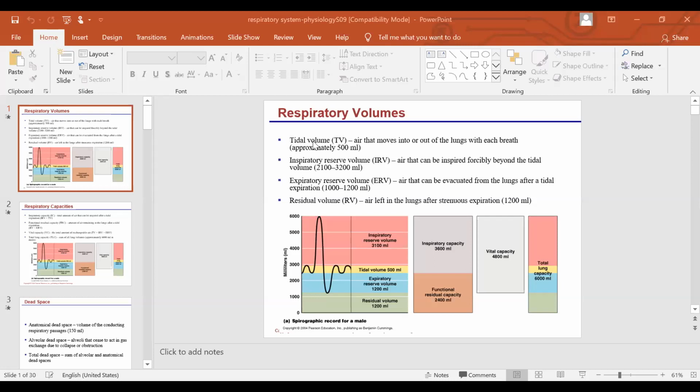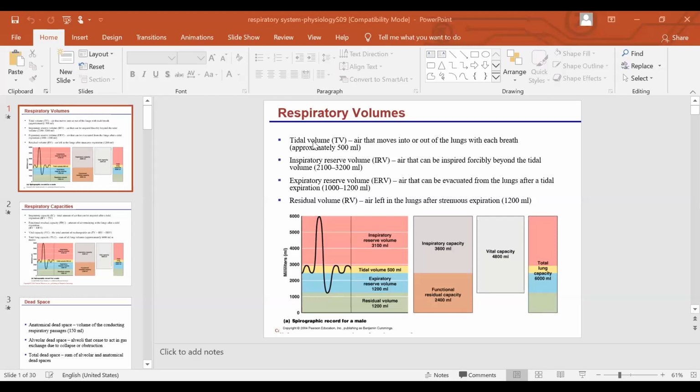Please read your textbook from page 840 to 854 before you watch this video. And also, I'd like you to work on the worksheet in your lab handout, the one called volume and capacity.